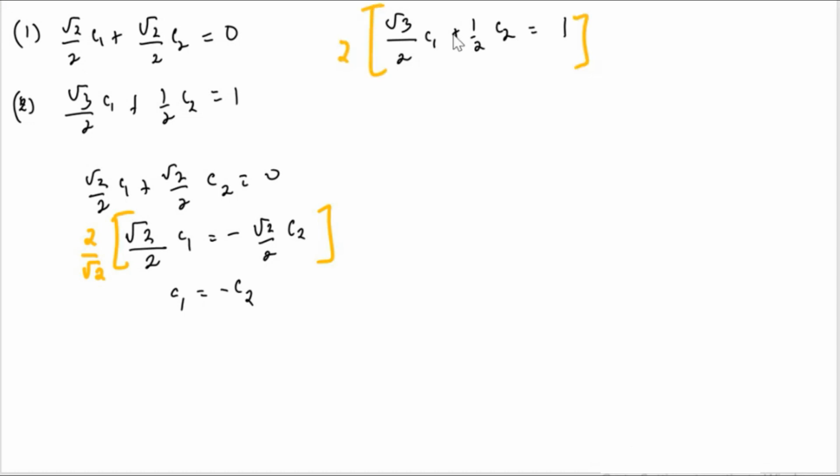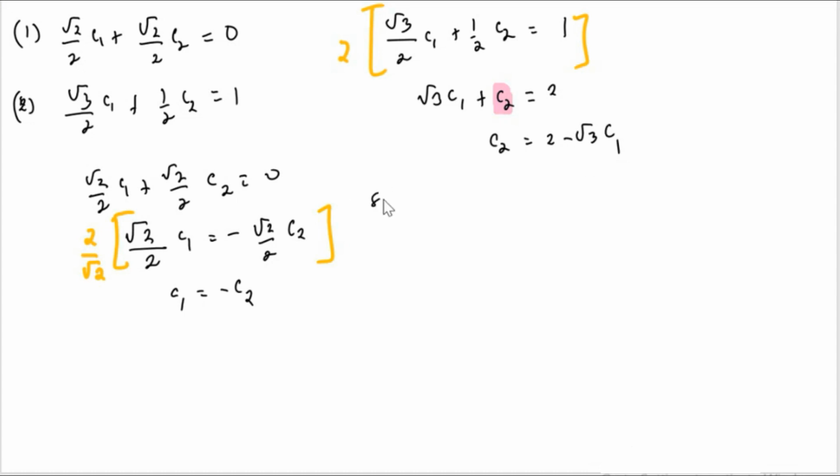Therefore, we have 2 times square root of 3 over 2 of c sub 1, so the 2 is cancelled. We have square root of 3 of c sub 1 plus 2 times 1 half of c sub 2 is equal to 2 times 1, which equals 2. Now I'm going to solve for c sub 2. By transposing, c sub 2 is equal to 2 minus square root of 3 of c sub 1.